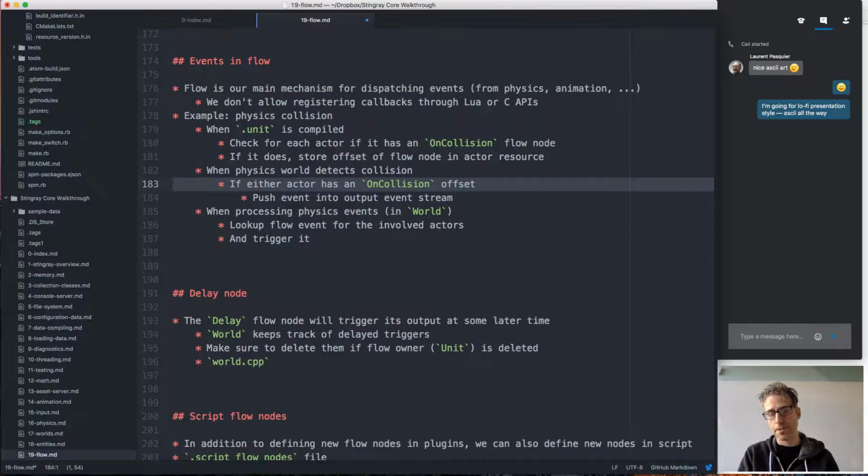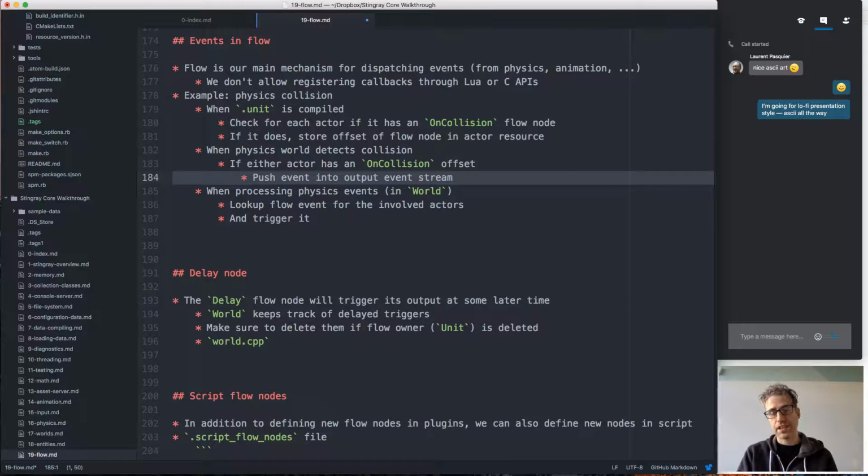And that's a useful optimization, because there might be a lot of collisions in physics. But if either of the actors has an on-collision offset, so it wants to react to the collision event, we push that event into the output event stream for physics. And as I said in the physics talk, that event stream is just a big buffer where we push the events one after another.